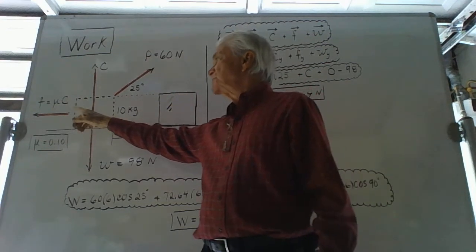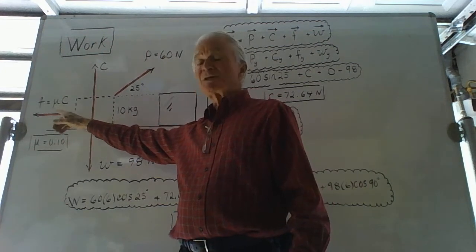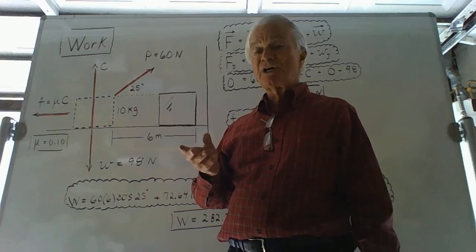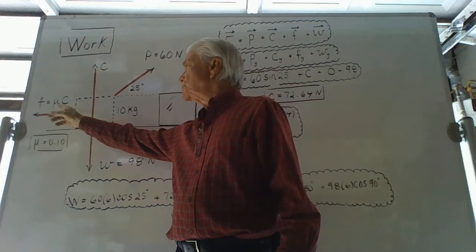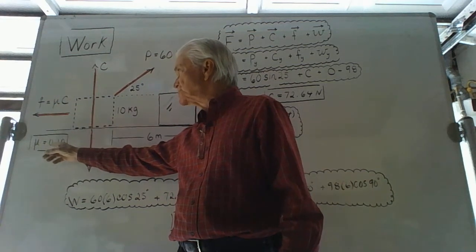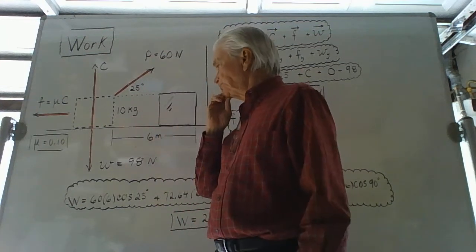Then there's the kinetic friction acting, symbolized as F. We don't bother to put a subscript K to remind us that this is kinetic friction. And that friction has a magnitude equal to the coefficient of friction, mu, which is 0.10, times the contact force.